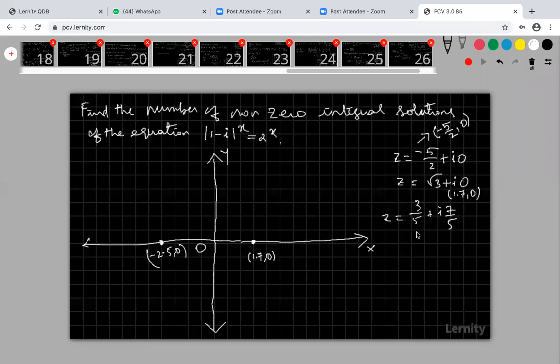This is 3 by 5. 3 by 5 means it is 0.6. 7 by 5 means it is 0.52 something. So therefore this is taken as 0.6 and this is taken as 0.5. So this is my complex number 0.6 comma 0.52 or 0.5.